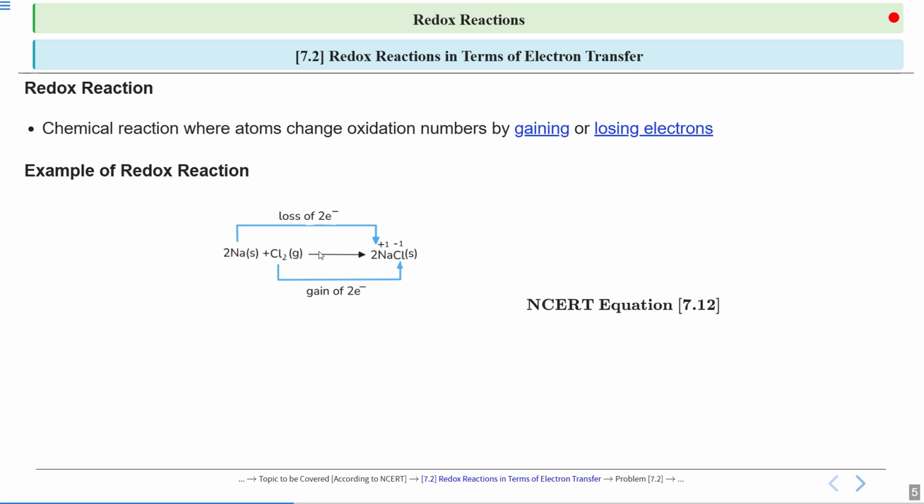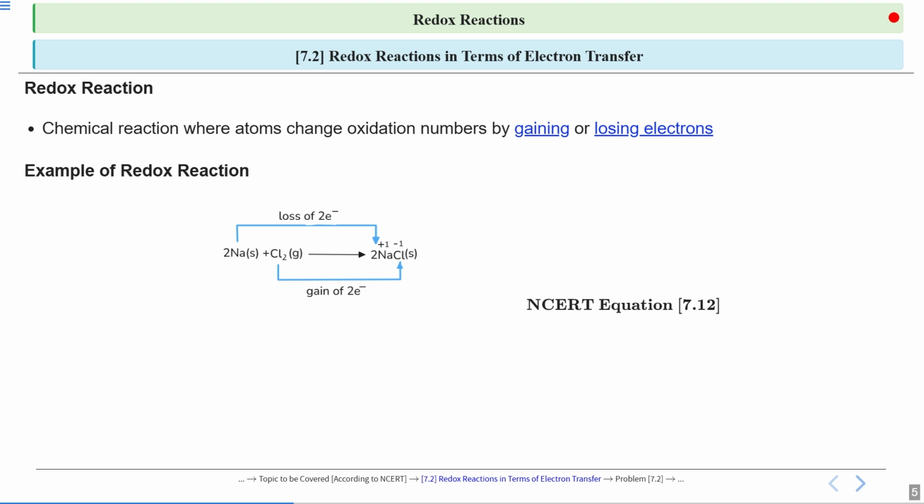If you also look at this reaction, there are two electrons involved. How these two electrons? When we balance this chemical reaction by writing 2Na plus Cl2 gives 2NaCl, there is loss of two electrons, and then there is gain of two electrons by chlorine.